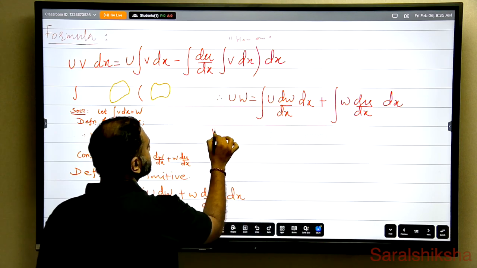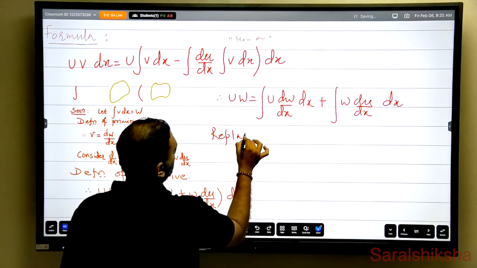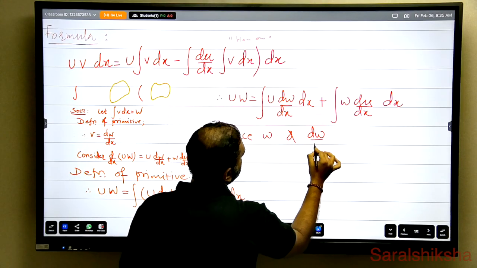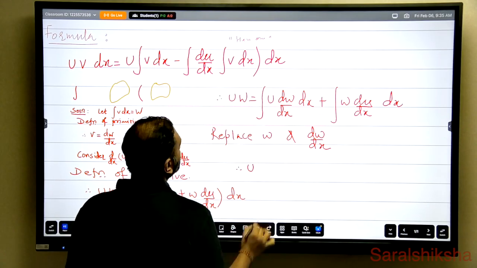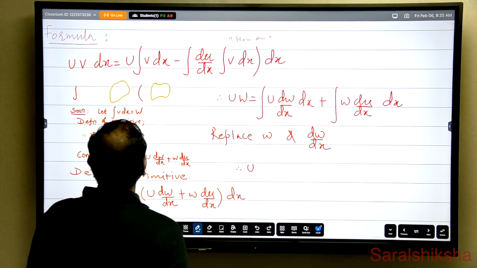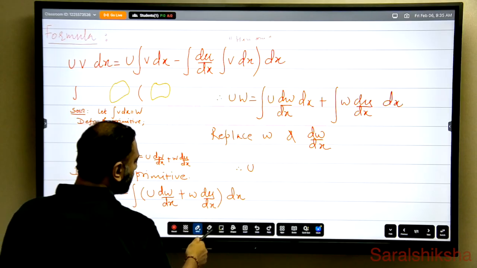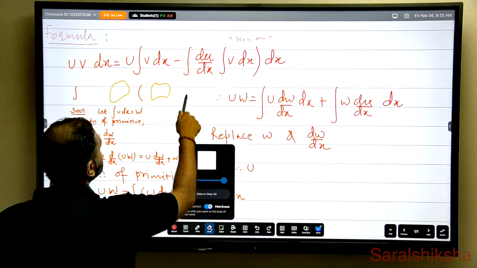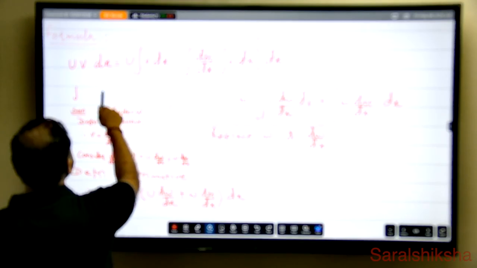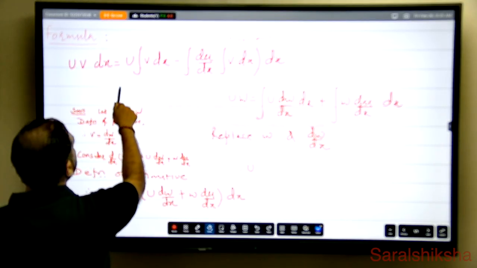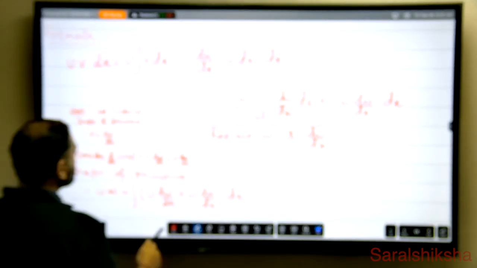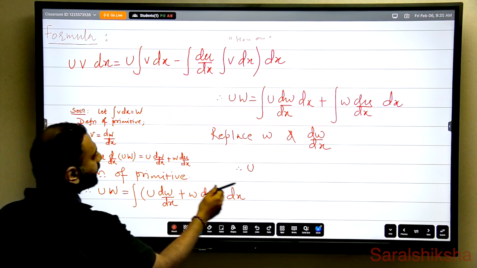Now we replace w and dw by dx in the equation. In place of w, we put the integral of v dx.